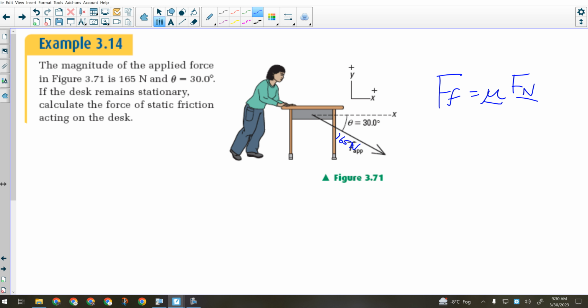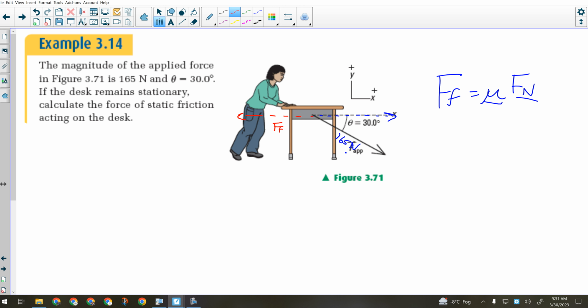Since the desk isn't moving in any direction, I know that horizontally the net force is 0, which means that the horizontal component of this 165 newtons is equal to which force? Friction, static friction in this case, because it's not moving.